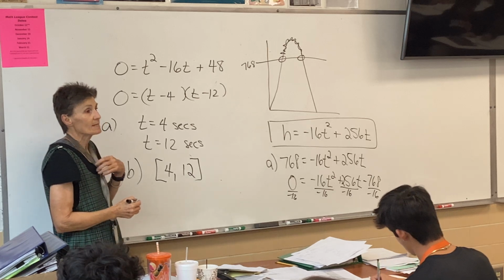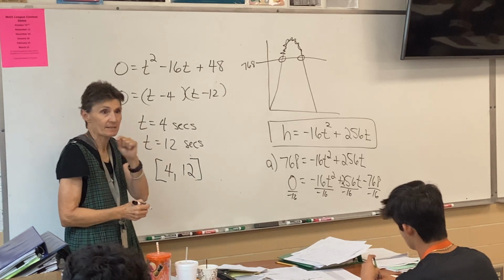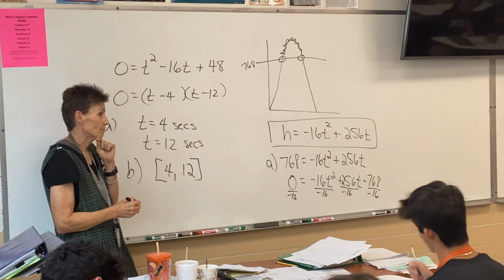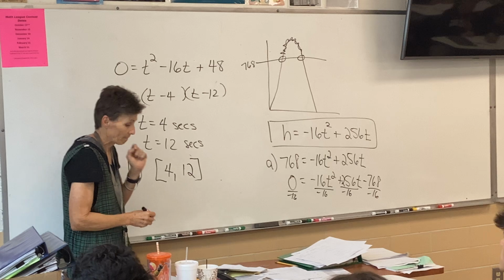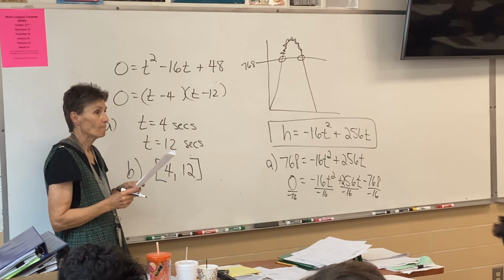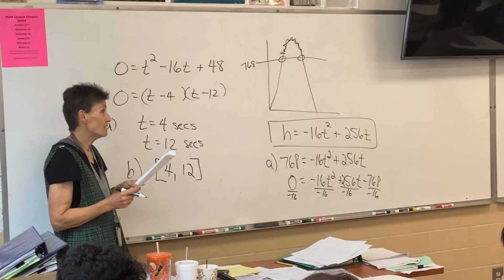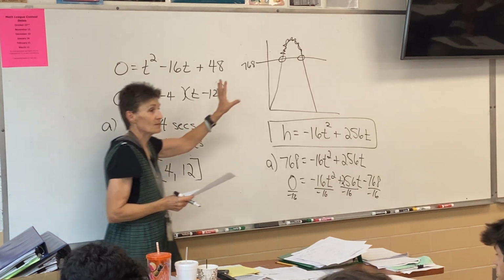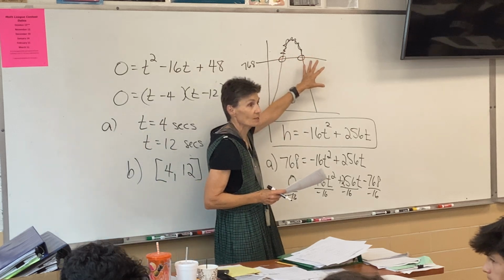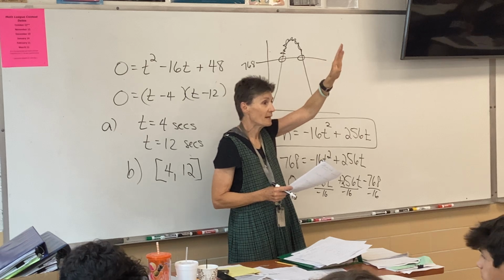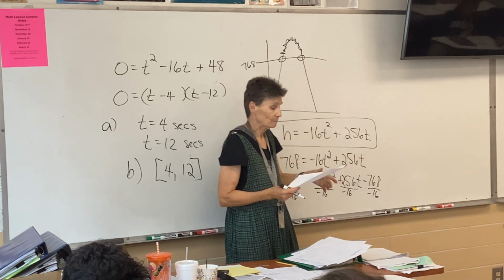Because it's at least. That means it can be 4 and it can be 12. It makes sense that there would be 2 answers, because the object is always going to be going up and coming down.